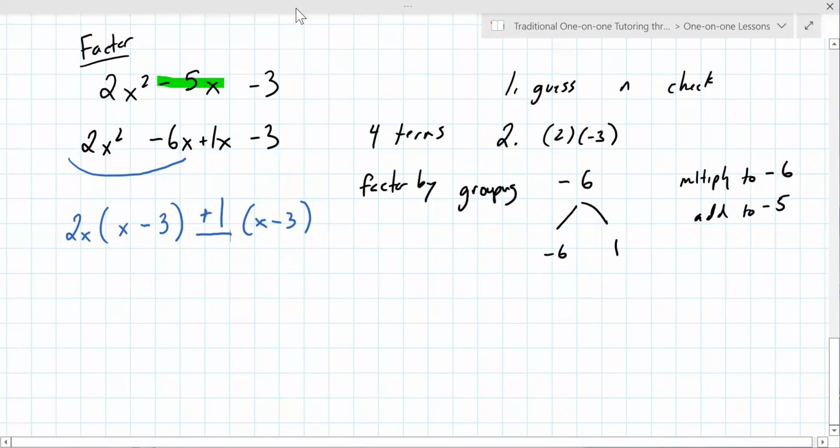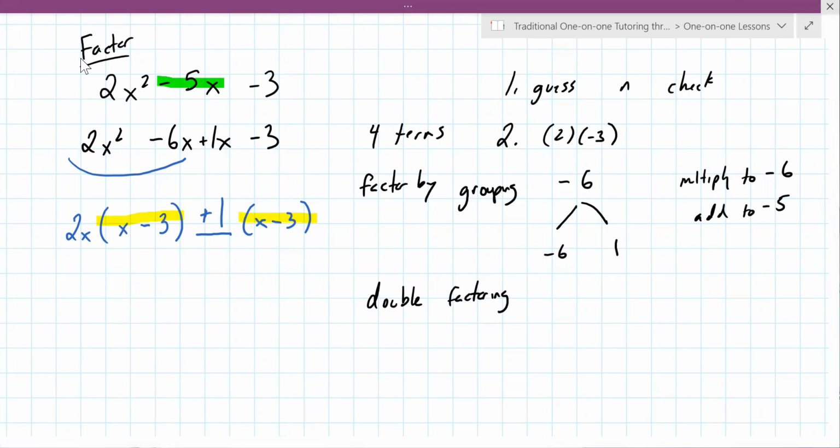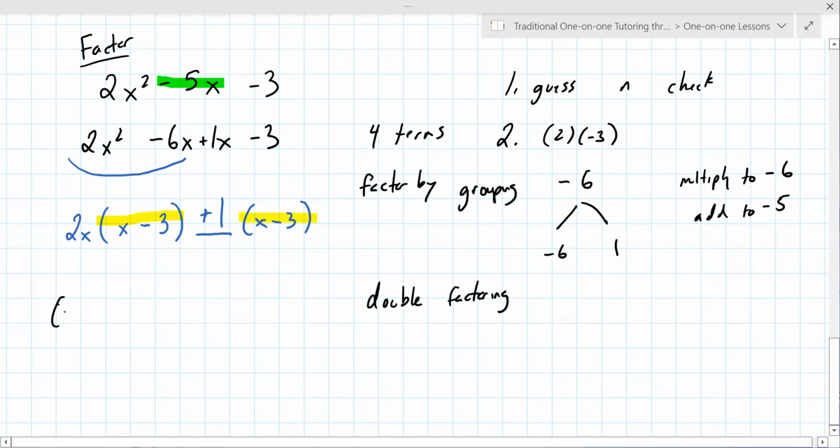Now, I actually prefer the name double factoring because you actually end up factoring at least twice a lot of the time, because you're not done. Like this line right here is not done. There's an x minus 3 in both of these. And so you factor that out, x minus 3, and then what's left over is the 2x plus the 1.